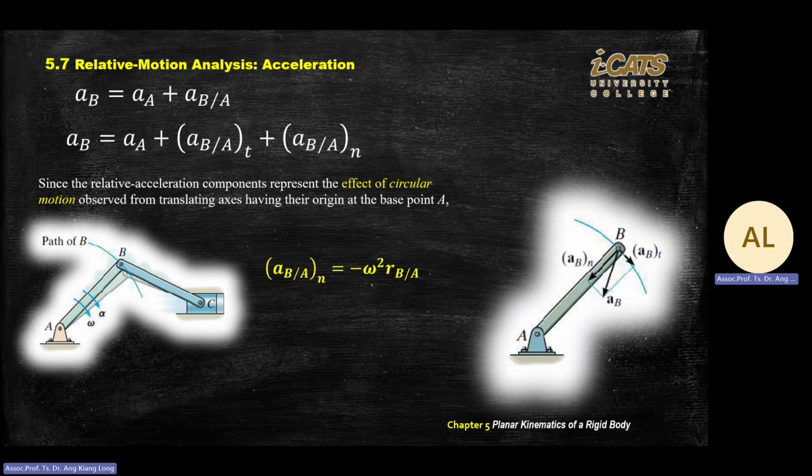If you refer to this diagram, omega is rotating clockwise, so by the right hand rule it points inside the screen, so you get negative.